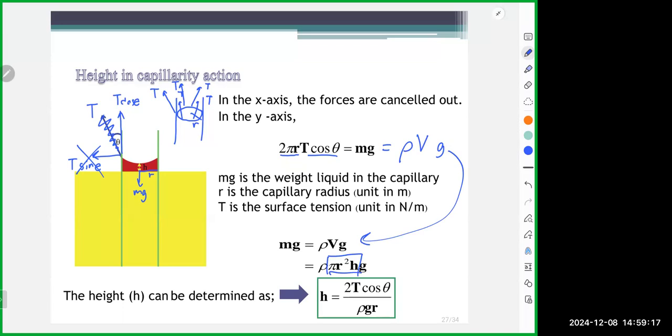So finally, you can calculate the height right here. The height would be 2T cos theta over rho g r, which is the height of the liquid above or below the normal level of that liquid.